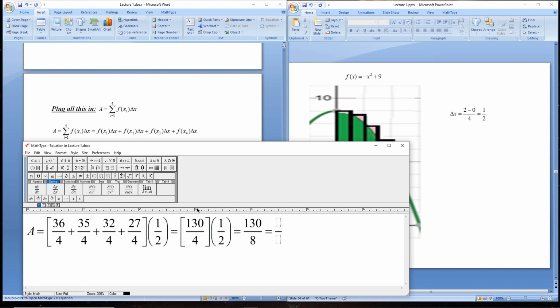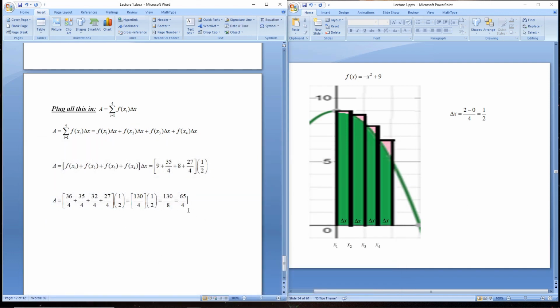So it would be 65 over 4, and that's our final answer. 65 over 4 is our approximation for the area under the curve. And that's what we get for right rectangles.